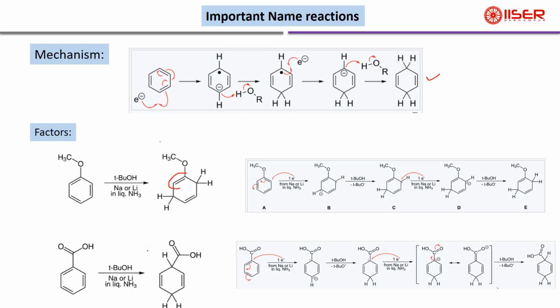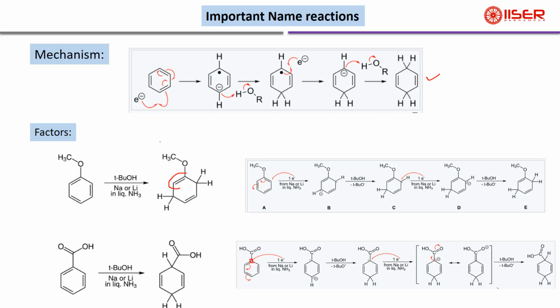In case of an electron withdrawing group, the double bond will be at the beta gamma position with respect to the electron withdrawing group and just opposite to that one, because here the electron will be added to this ipso position. You know that this is ipso, ortho, meta, para. This position is called the ipso position.